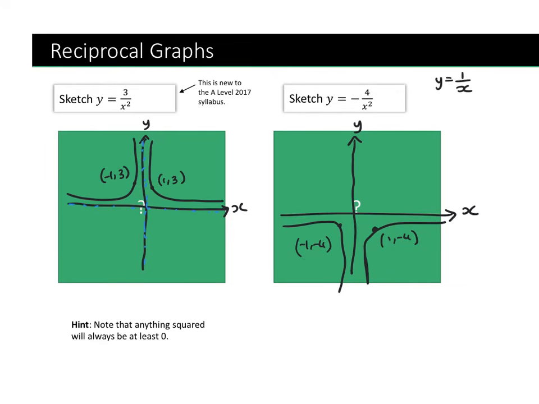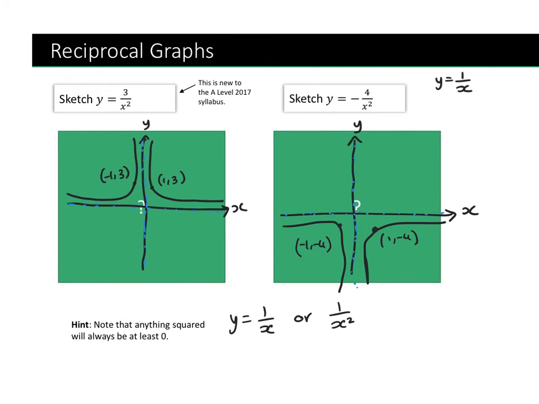Now, these graphs are drawn absolutely terrible. I'm really bad at drawing reciprocal graphs at the moment, so I will practice this. This is the same for the graph y equals 1 over x or y equals 1 over x squared.